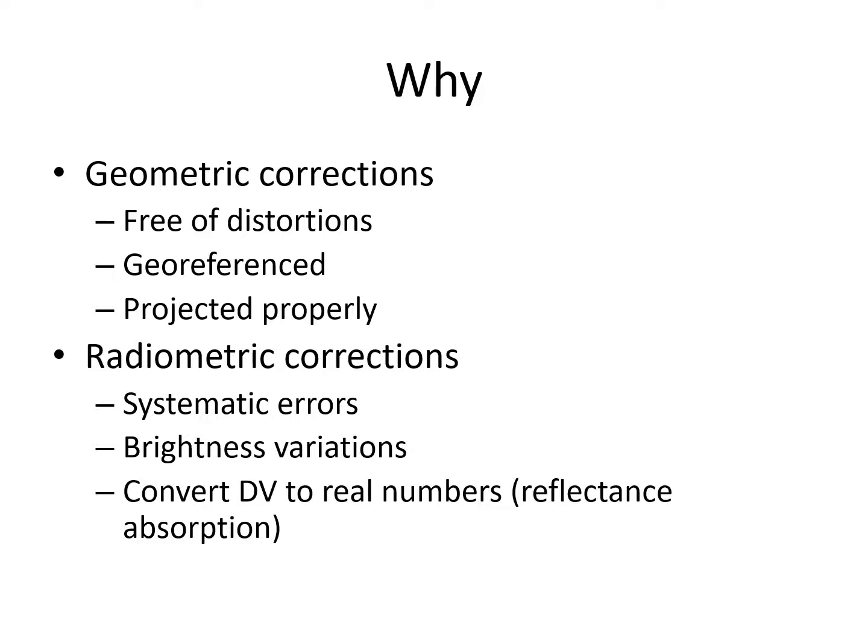So we need to correct for all that if we want to do measurements of importance. We also need to have our images georeferenced so that we know exactly where things are, and they need to be projected properly so that the measurements that we make are in units that are effective and have meaning.